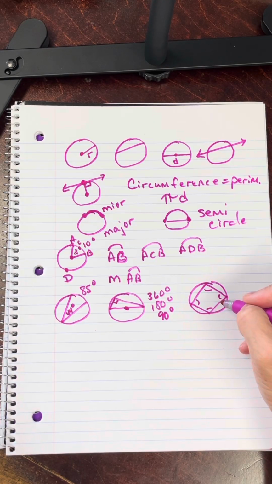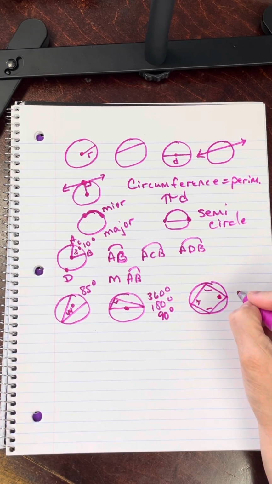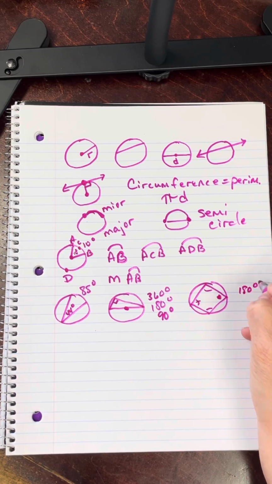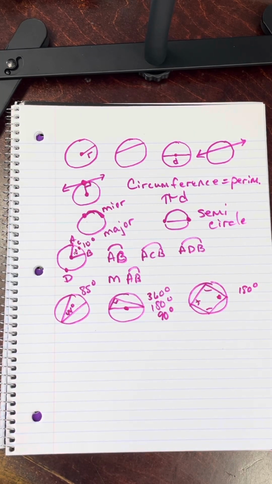These same 4 must total 360. Because of that, if you put this angle with this angle, it must always equal 180 degrees. So any 2 opposite angles in a polygon inscribed in a circle will total 180 degrees. So these 2 would also total 180.